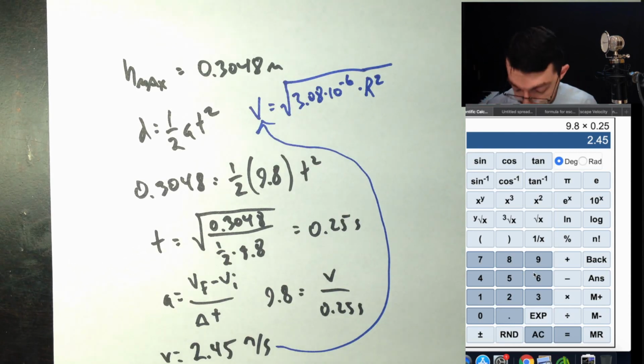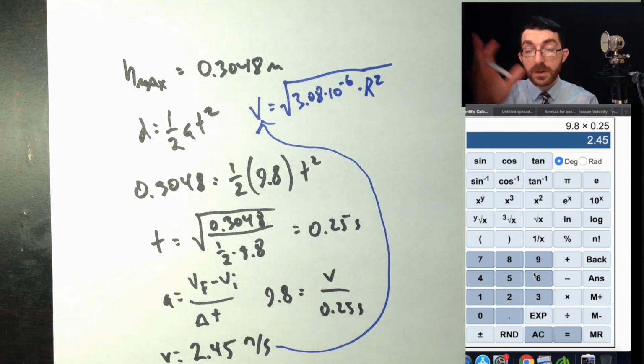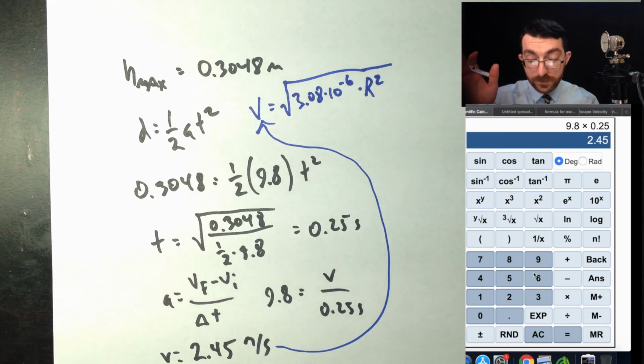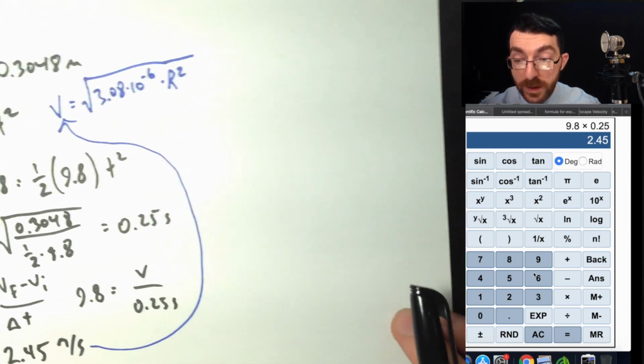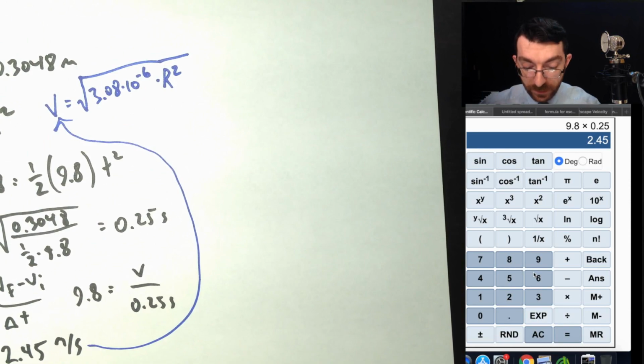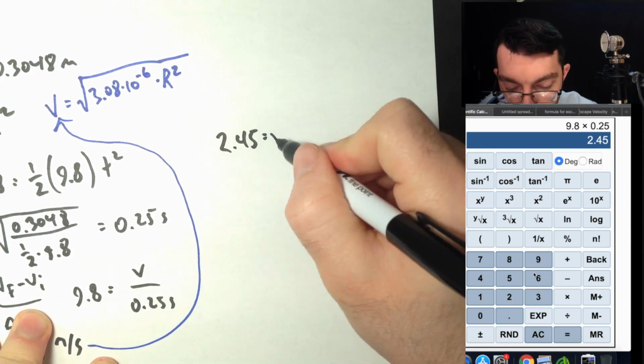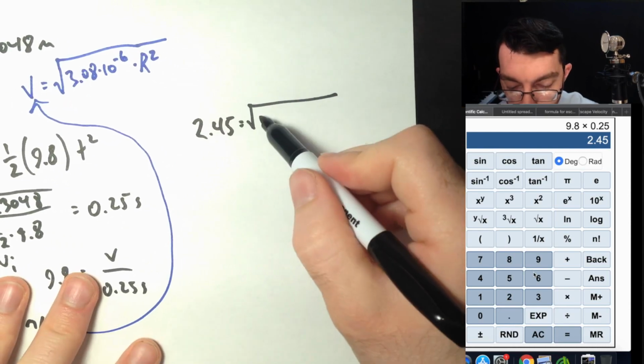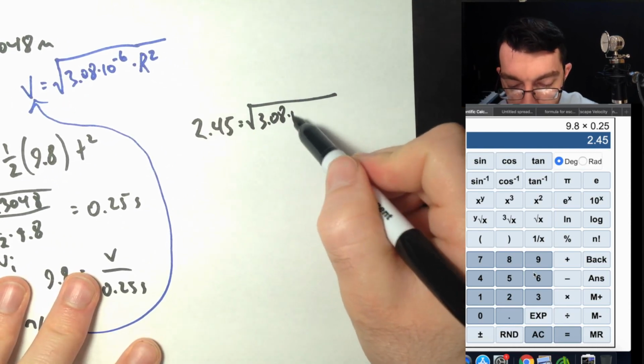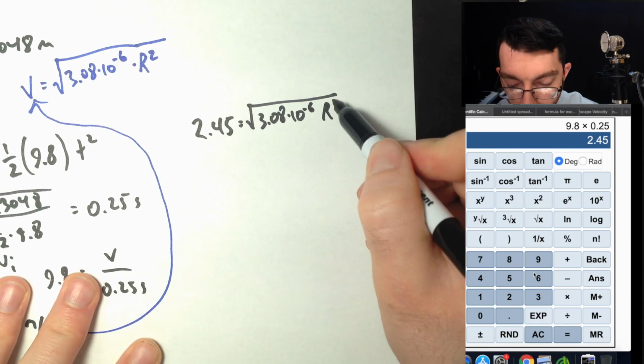Just in case all this talk at the end is throwing you off, what I'm asking you to do is to solve this equation: 2.45 equals the square root of 3.08 times 10 to the negative 6 r squared.